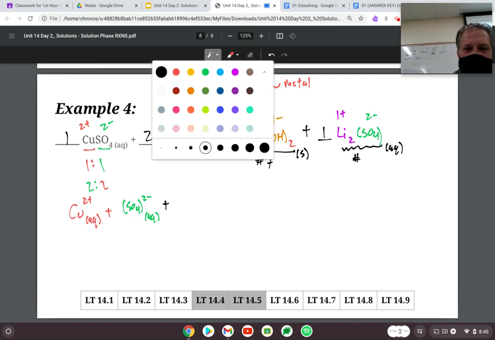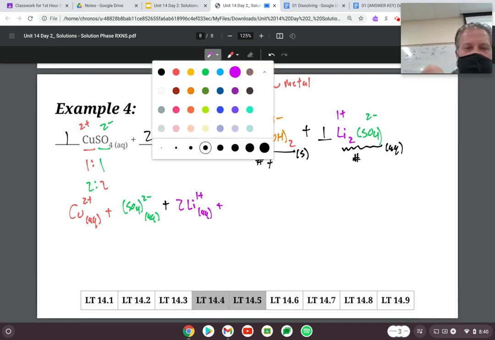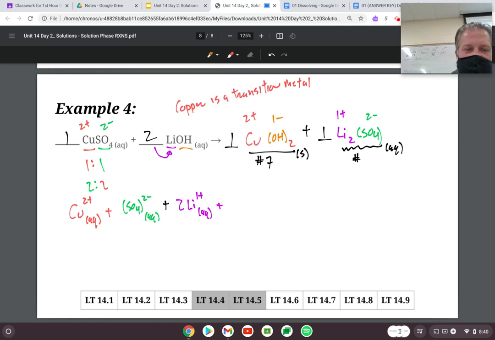And again, the coefficient of 2 in front of lithium hydroxide distributes it out. So I have 2 lithiums, which are +1, and they're aqueous at the beginning. And I have 2 hydroxides because that 2 also distributes itself to hydroxide. They're -1, and they're aqueous at the beginning as well.